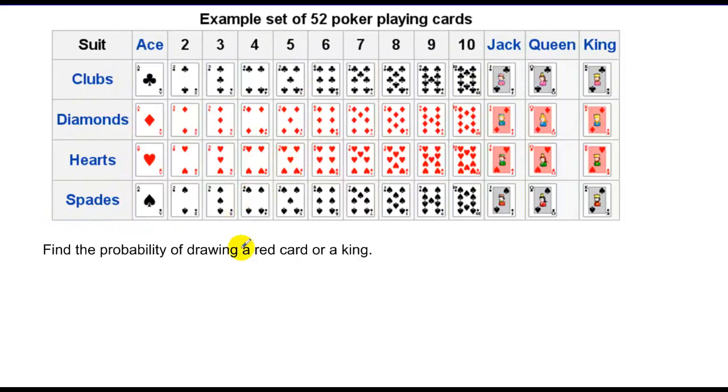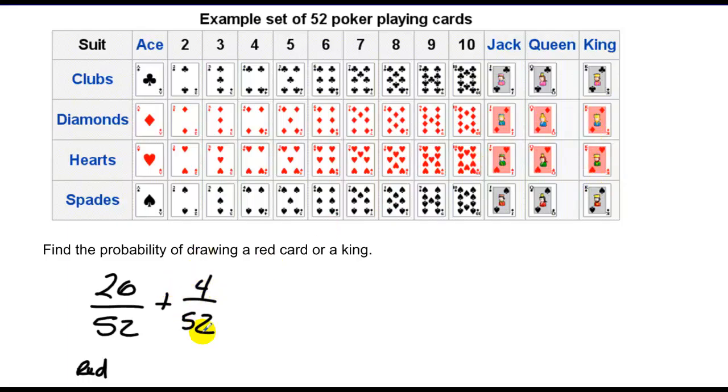Here's our deck of cards again. We want the probability of drawing a red card. Well, half of the cards are red, and in 52 there's 26 of those. So that's the red part. Probability of drawing a king, here are the kings, is 4 out of 52. But within the reds, if you look here, we've already chosen kings.